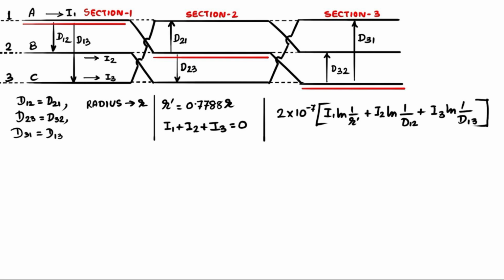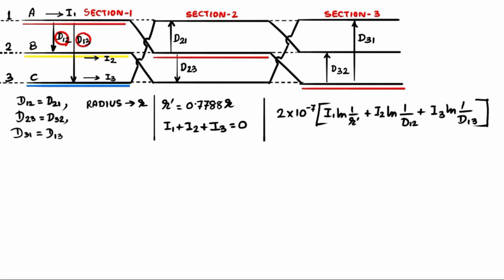Let us first consider section 1 of the transposed transmission line. In this section, conductor A occupies the top position, conductor B occupies the middle position, and conductor C occupies the bottom position. Therefore, the distance between conductor A and conductor B is d12, and the distance between conductor A and conductor C is d13.